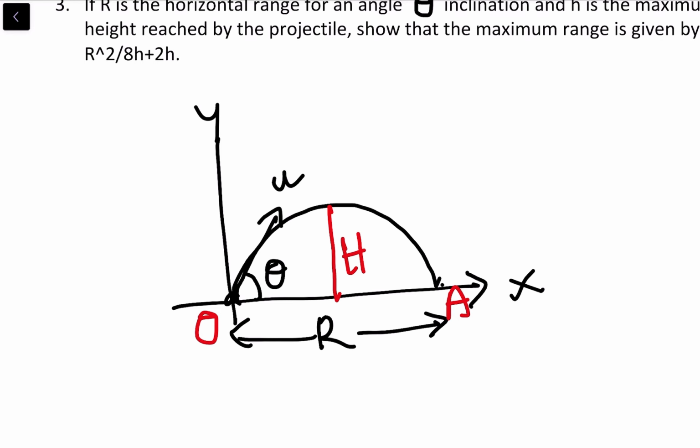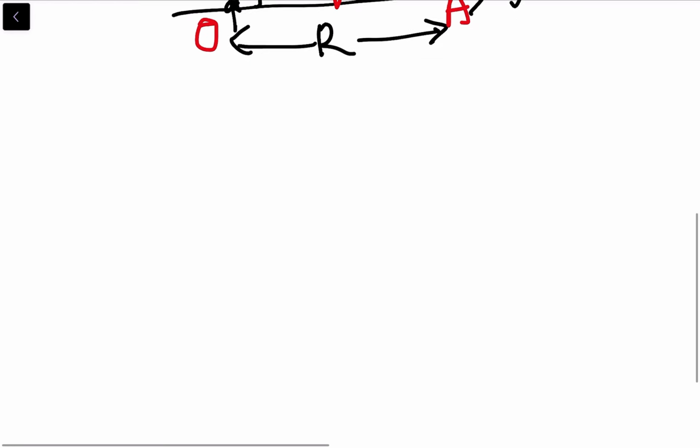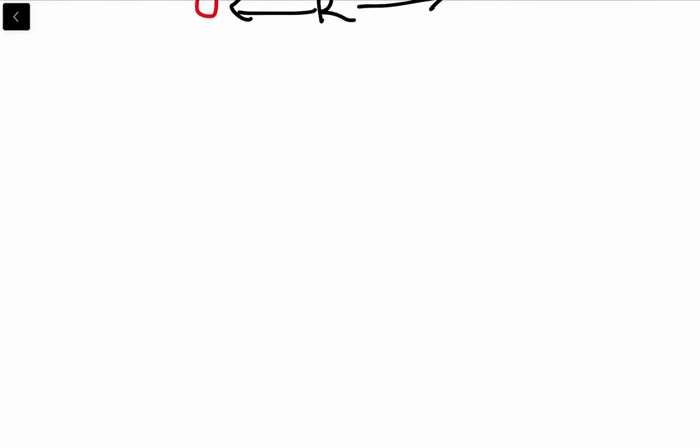Now, there are certain formulas to do the numericals in this particular topic. Let me tell you what the formulas are. The first formula in this topic is that the motion of the projectile is a parabola.